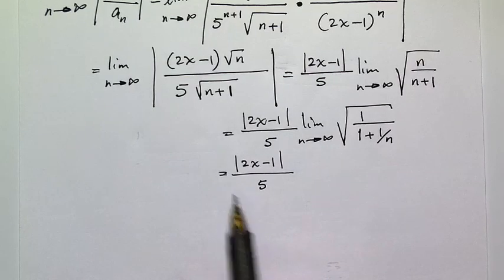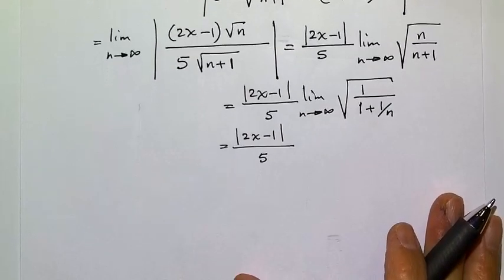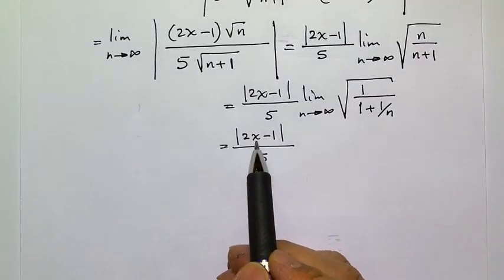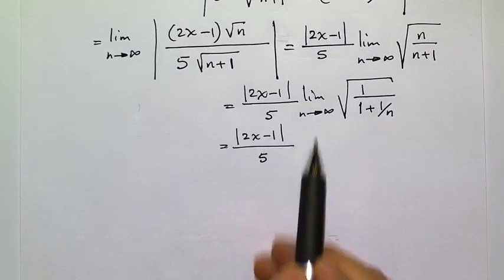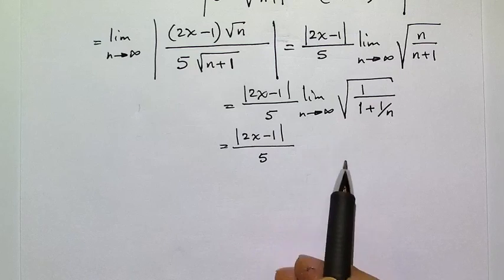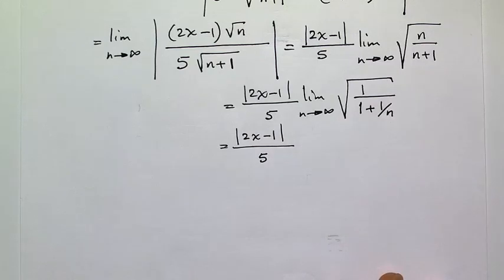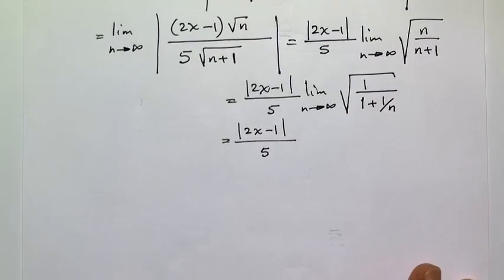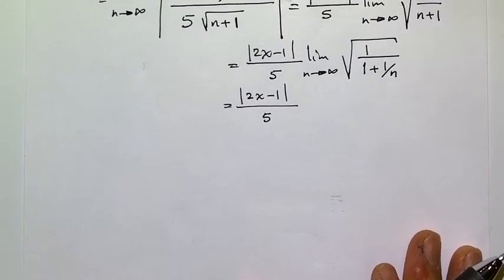So what we've determined is that depending on what the x value is, if that quantity is less than 1, our series is going to converge by the ratio test. So let's write that down.